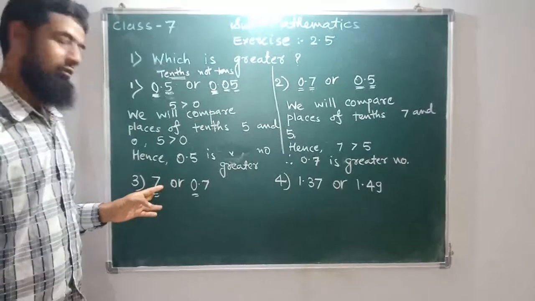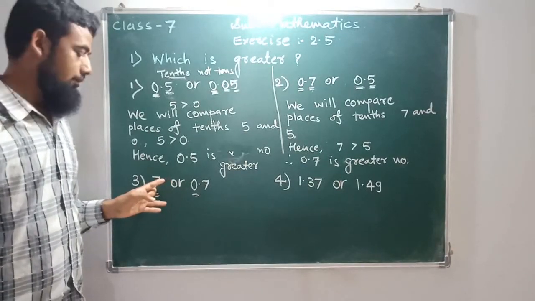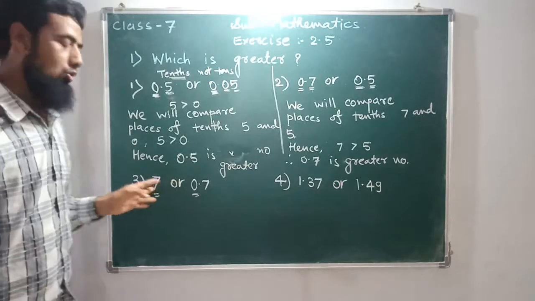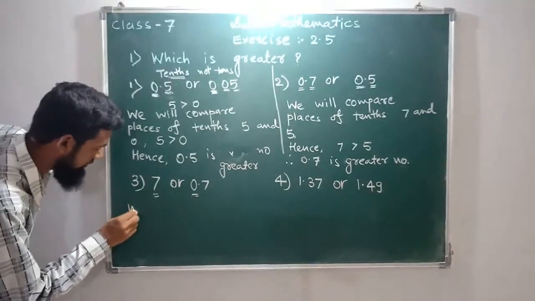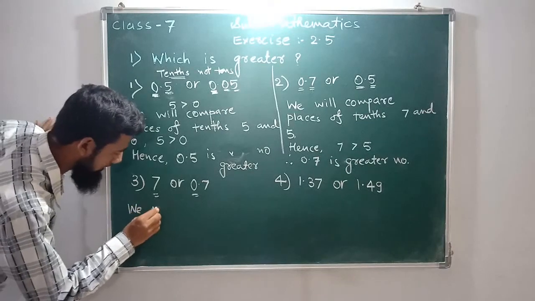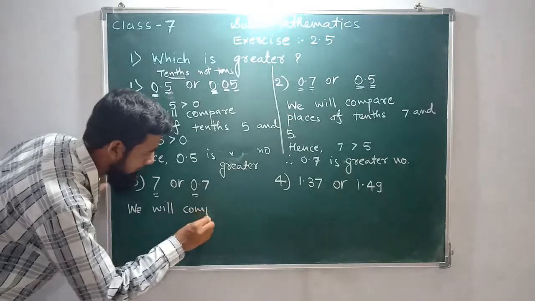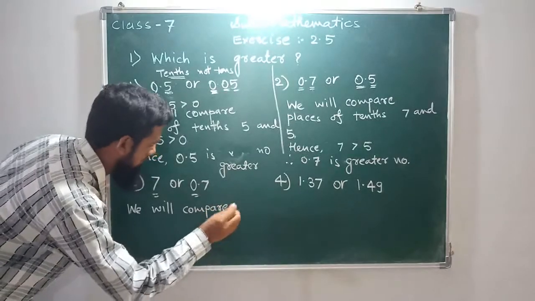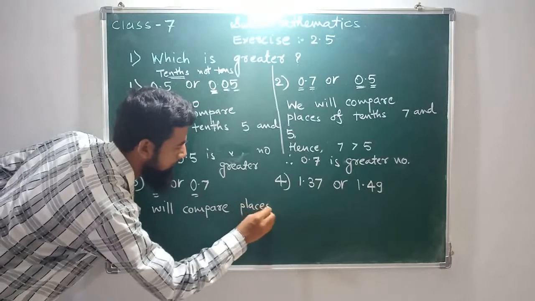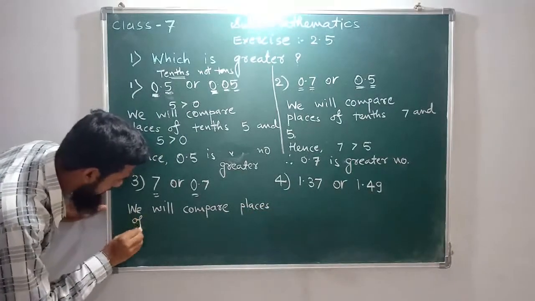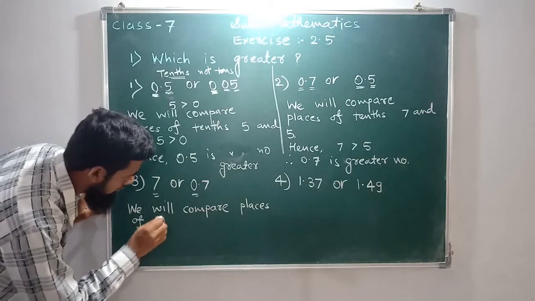Obviously sir, 7, because this is the bigger number. So here what we have to write? Here we can write, we will compare places of ones.